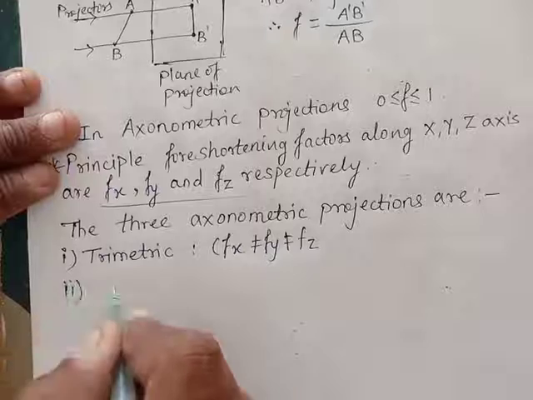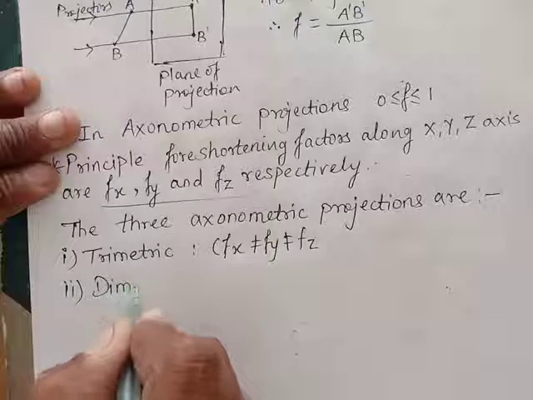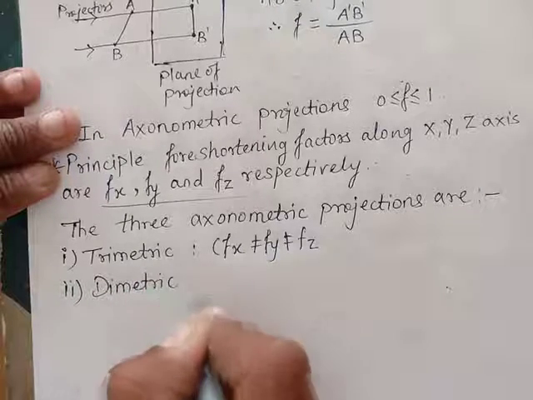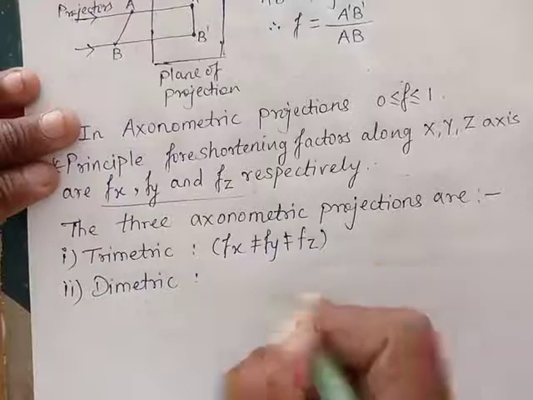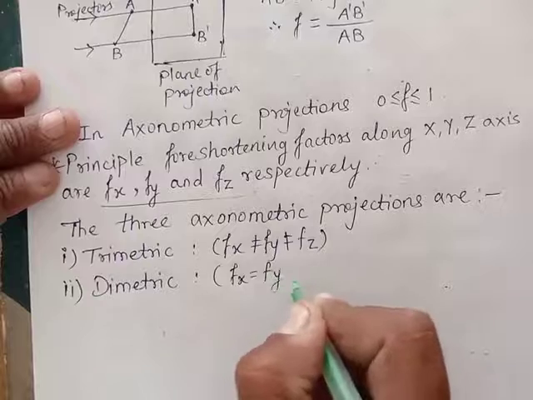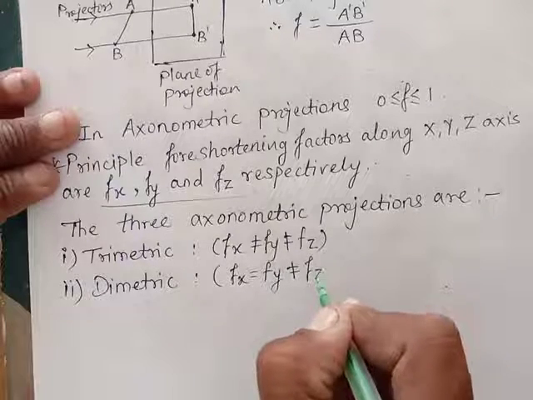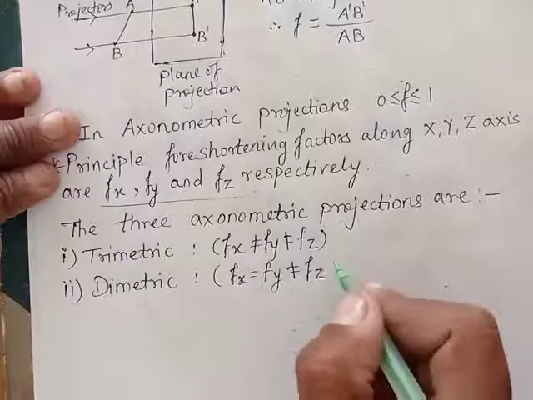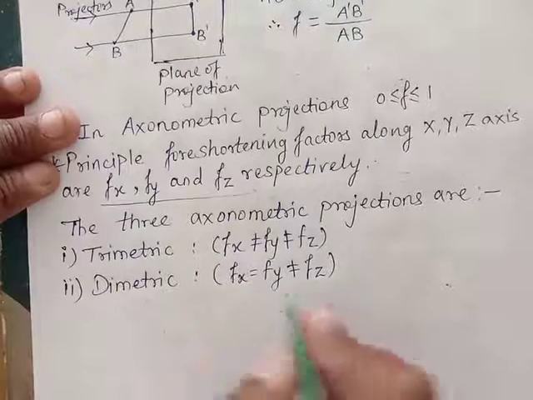Second, diametric: Fx equal to Fy, not equal to Fz. Two are equal.